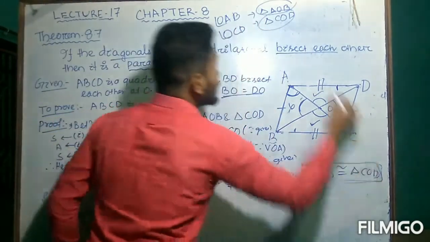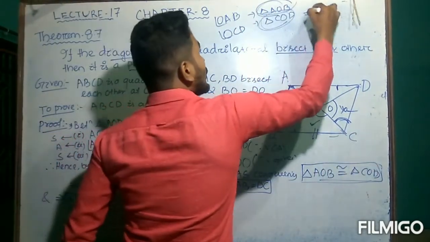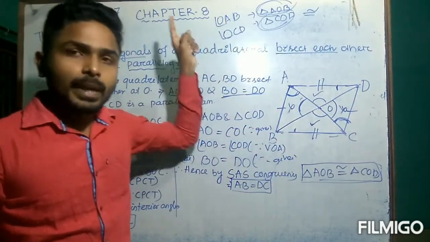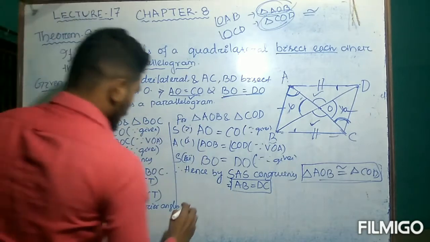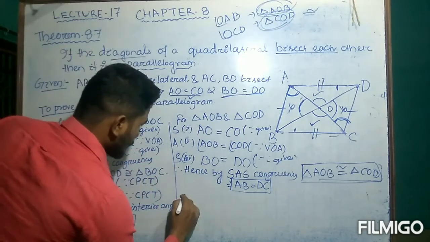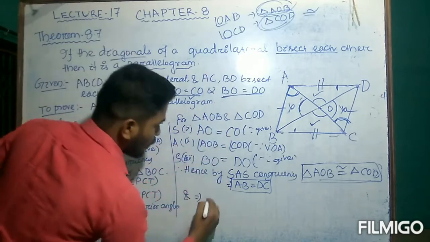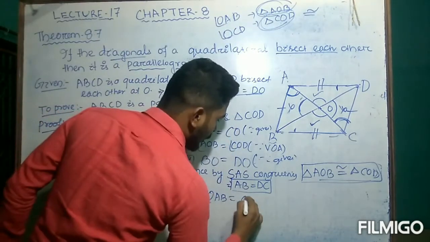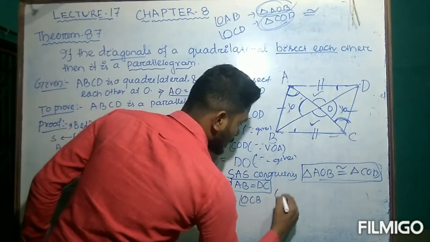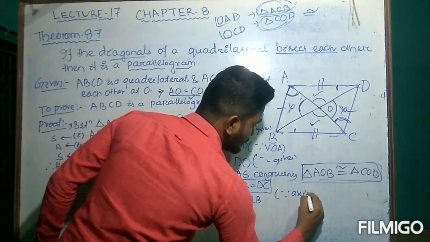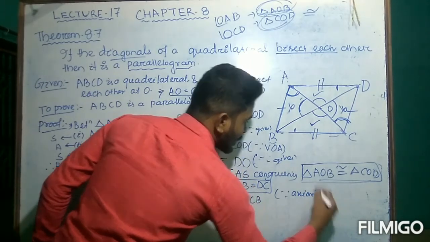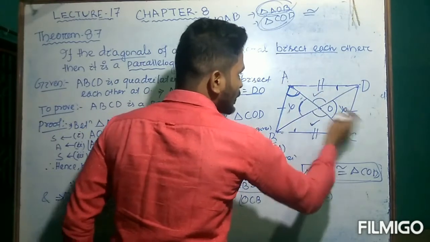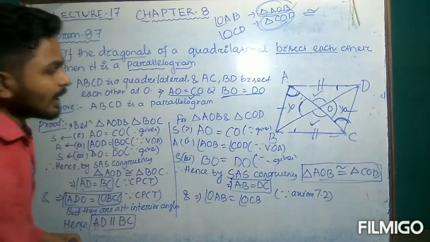But here we have proved that these two triangles are congruent, so we can write by axiom 7.2 that their corresponding angles must be equal. OAB is equal to OCD. It is due to axiom 7.2. So we have proved that this angle and this angle of the two triangles are equal.